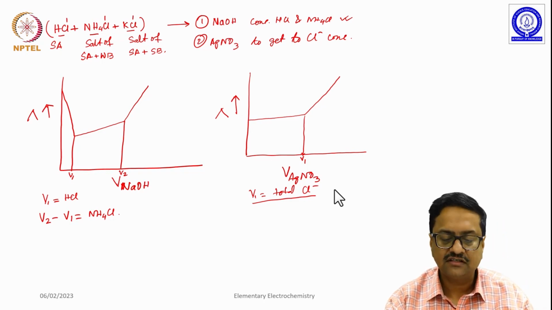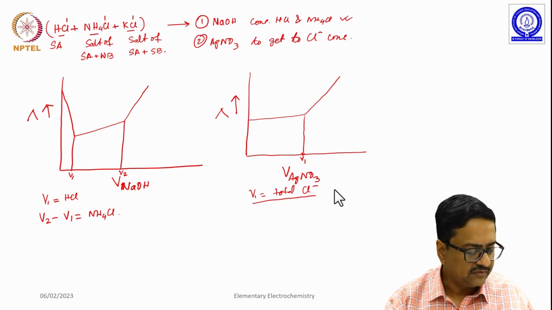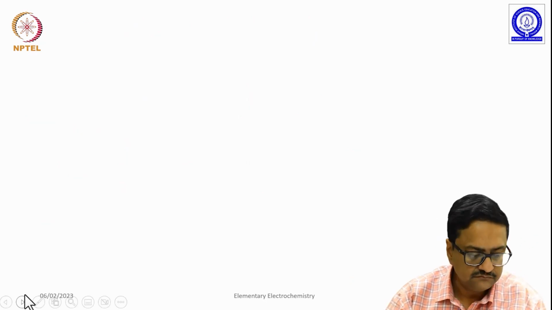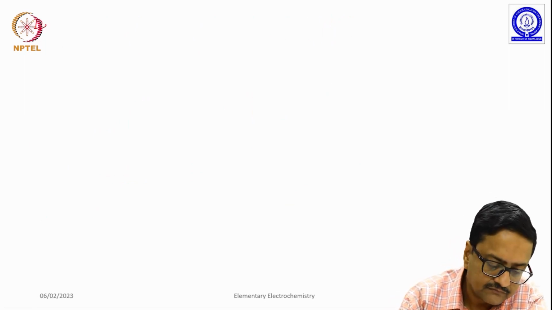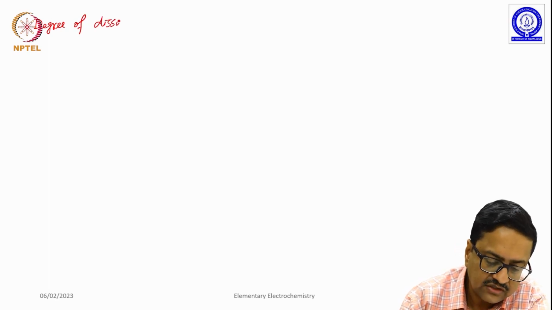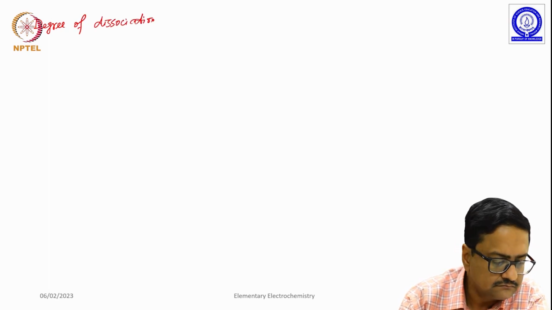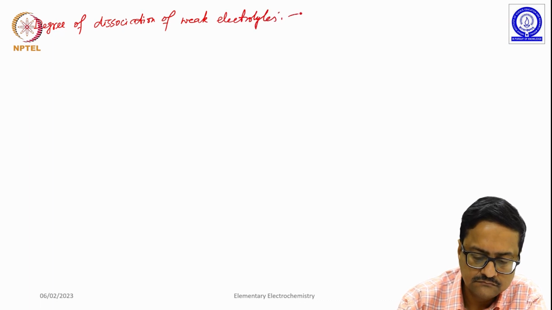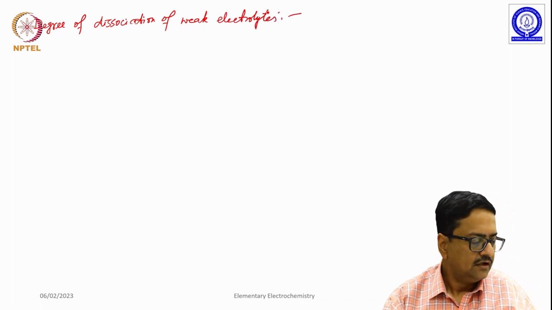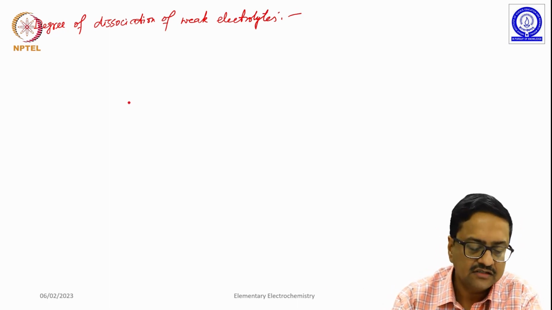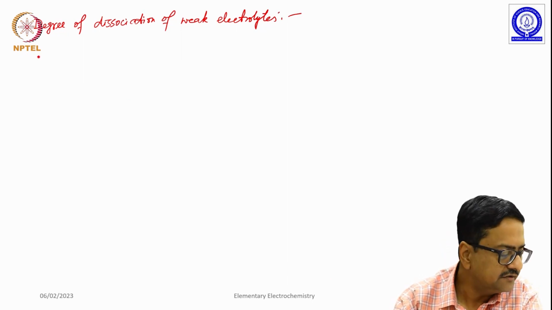In addition to these different conductometric titrations, one can also determine the degree of dissociation of weak electrolytes. For this we need to understand the theory behind it.